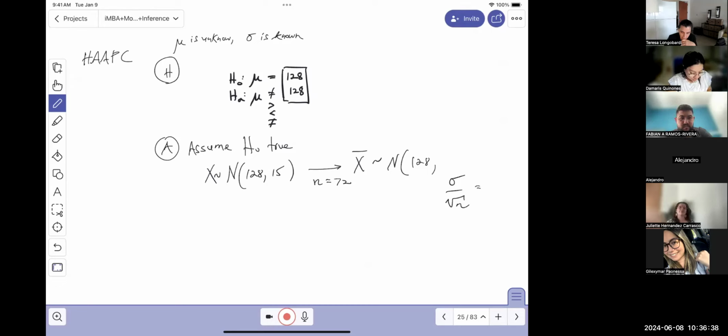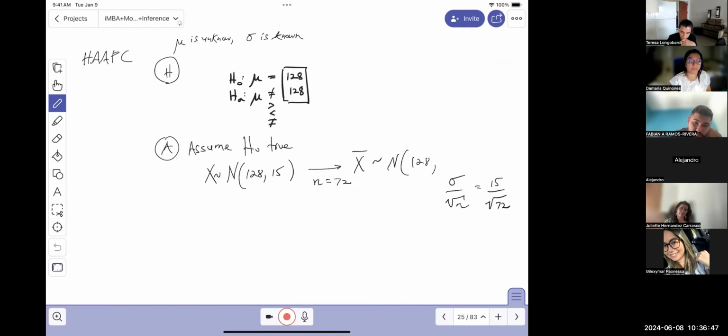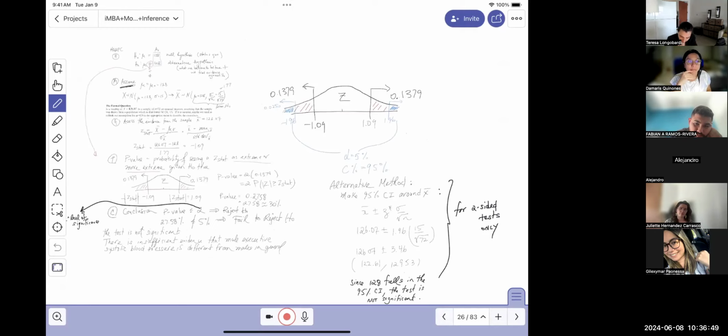So 15 over square root of 72 gives you a value here of 1.77, I think.